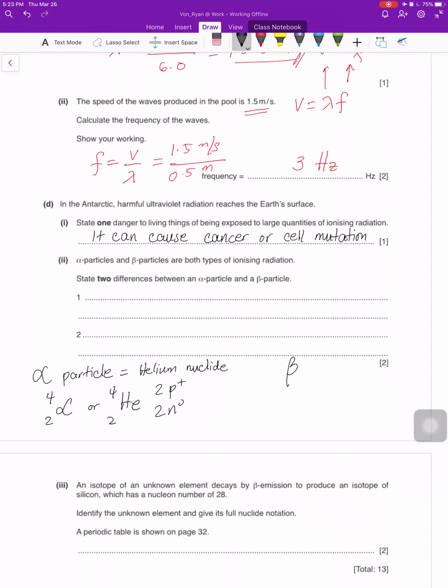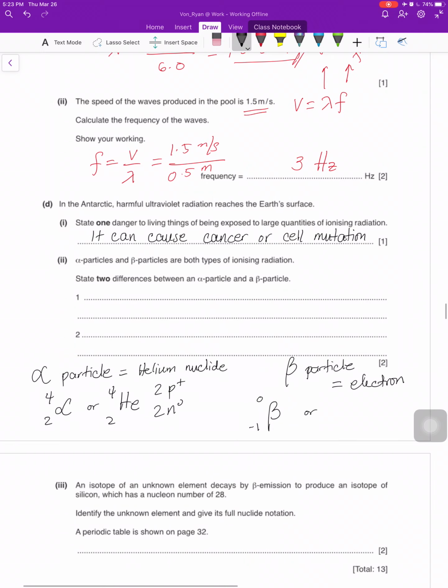A beta particle, on the other hand, is just a high energy electron. So in symbol it will not have a nucleon number, but it has a -1, or it can be written as this. As you can see, one obvious difference is their charge. An alpha particle is positively charged, while beta is negatively charged.